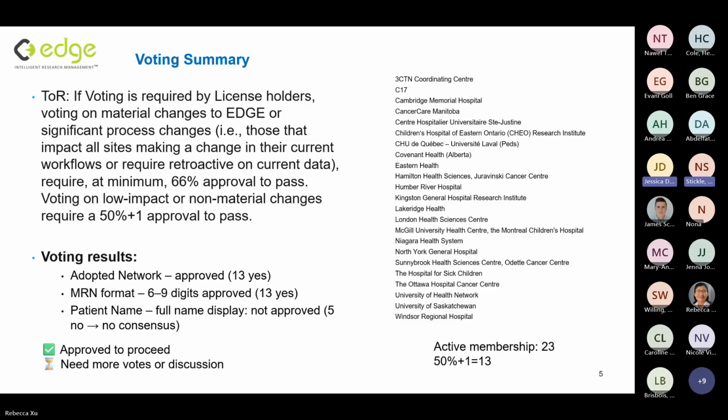But perhaps if anybody who did vote no or has a concern about this item, can we just have more discussion? Maybe there was some confusion about what we mean by it. As a recap, this was where we wanted to be able to display the full name for patients.